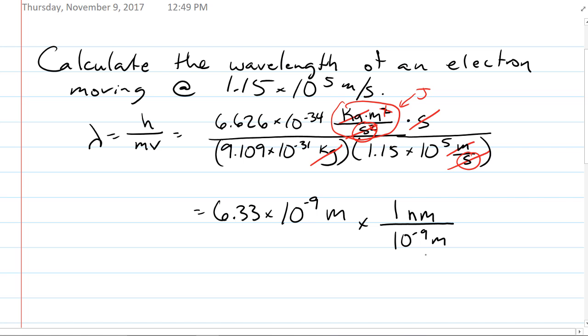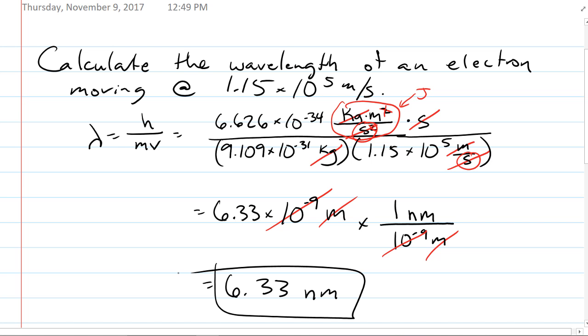Well, ain't this convenient? Meters and meters cancels, 10 to the negative ninth cancels with 10 to the negative ninth. And we wind up with an answer of 6.33 nanometers. So I do know that in your textbook it will probably specify the units. Come exam time, just so it's not ambiguous, we'll ask you to answer them with a specified set of units as well. So any questions that you have on these?